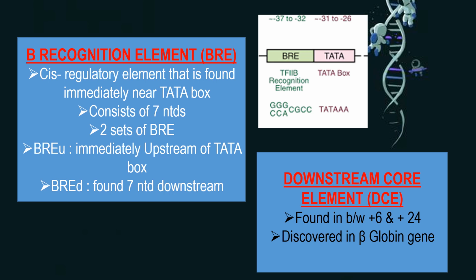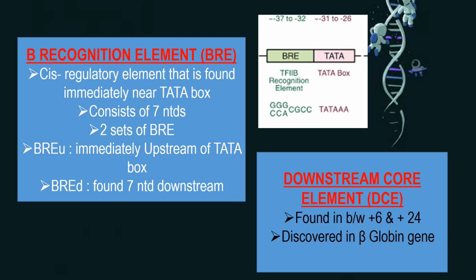One is located upstream and the other one is located downstream. The upstream one is known as BREU. It is located immediately upstream of the TATA box as seen in the picture. The next one, located downstream, is known as BRED. It is found 7 nucleotides downstream.